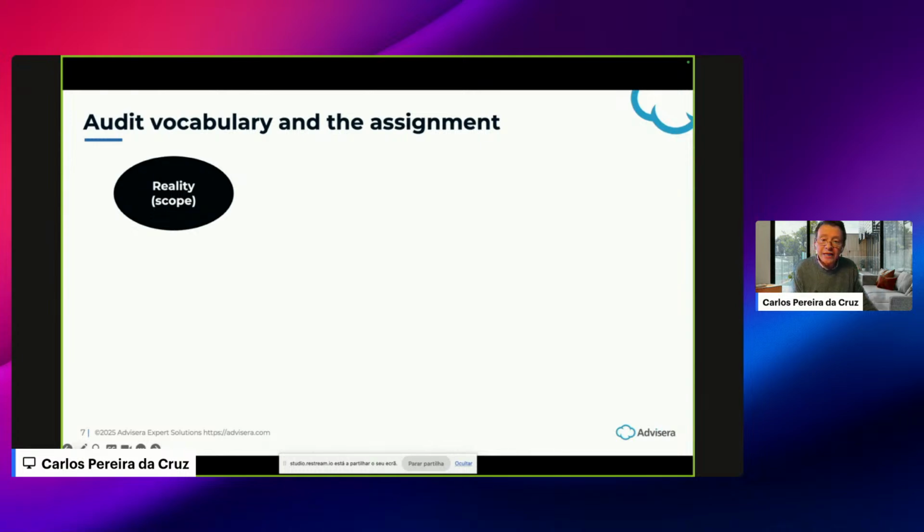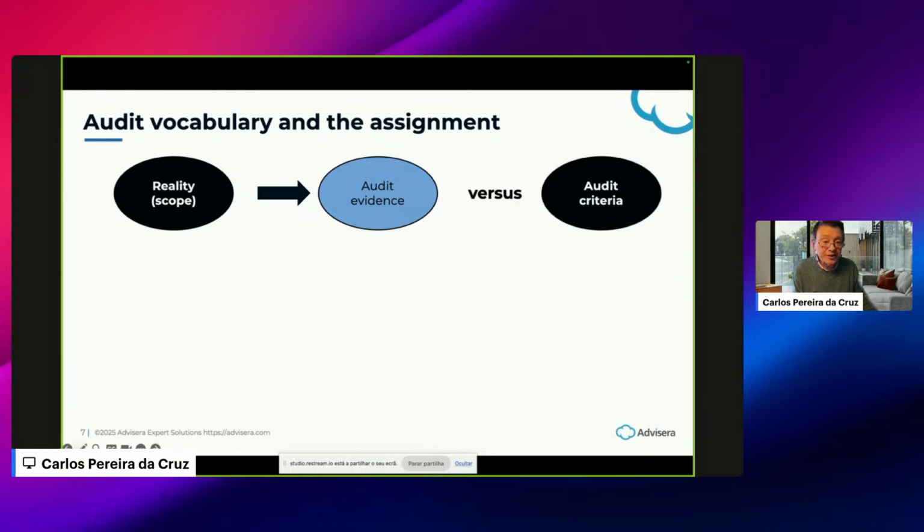What they do then is collect audit evidence and compare that evidence with the audit criteria. This is important: auditors should not use their personal standards or opinions as audit criteria. Auditors are not consultants. Auditors should use as reference a known and agreed document, a procedure, a work instruction, a piece of legislation, a specification, or a standard.